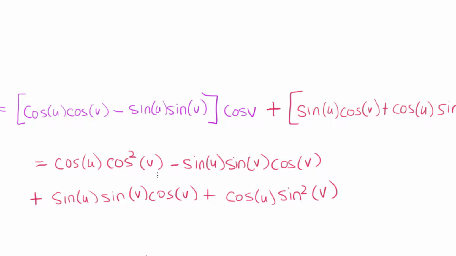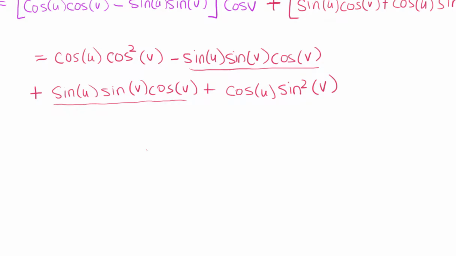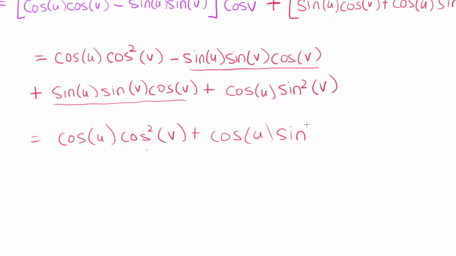Very similar to the previous example, this term is exactly the same as this one. This one is minus, this one is plus, so you get 0. So you're left with cosine of u cosine squared of v plus cosine of u sine squared of v.